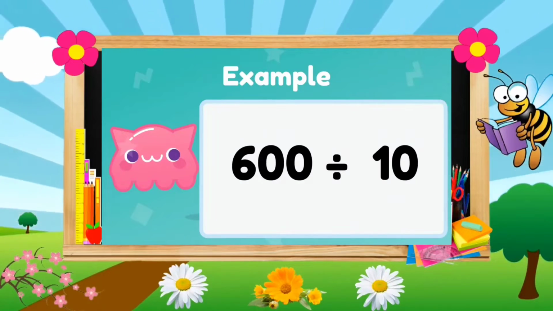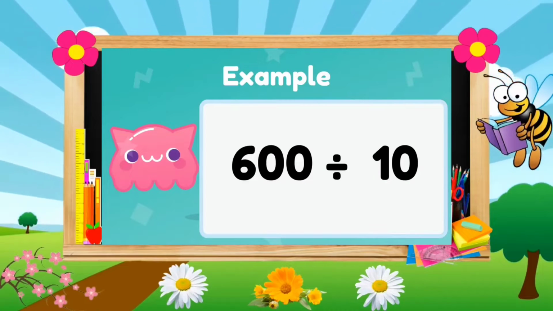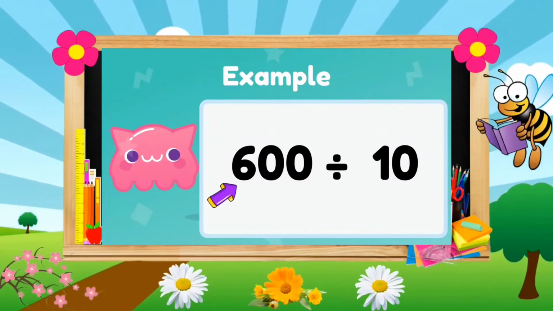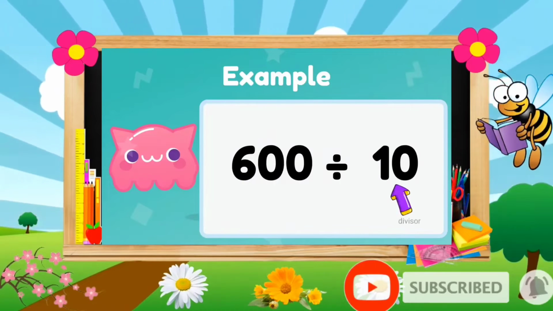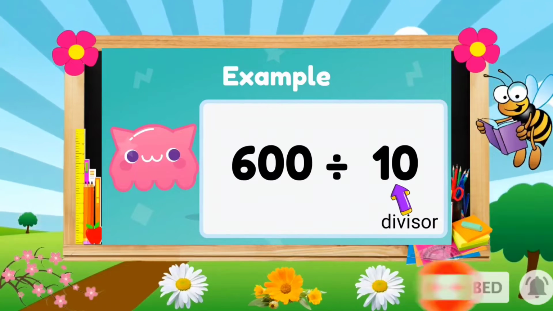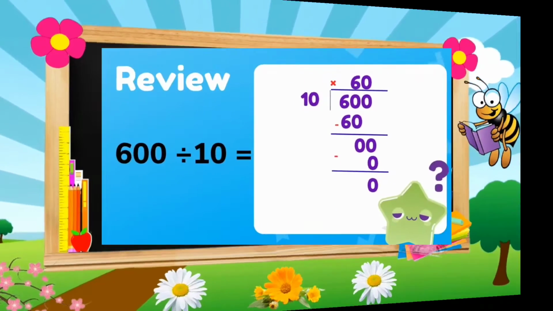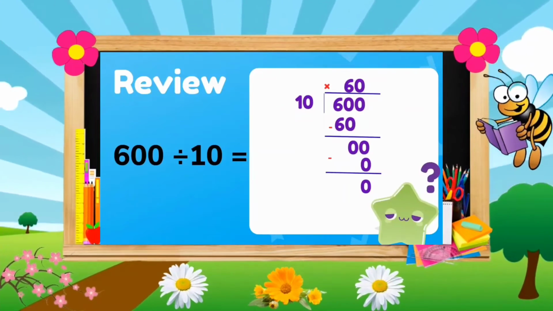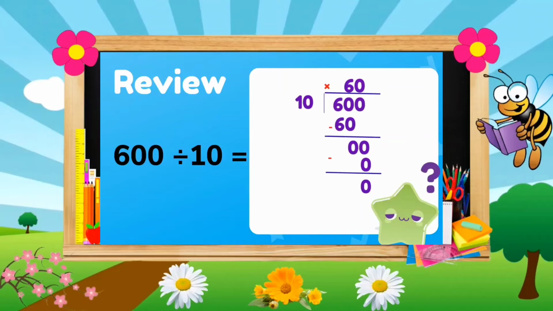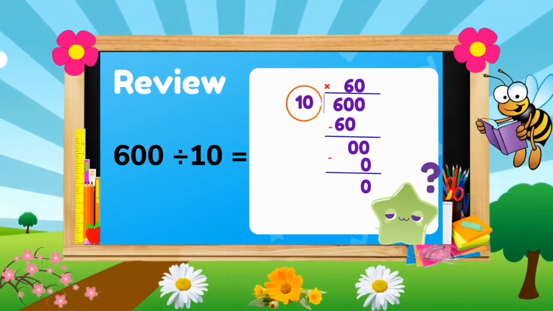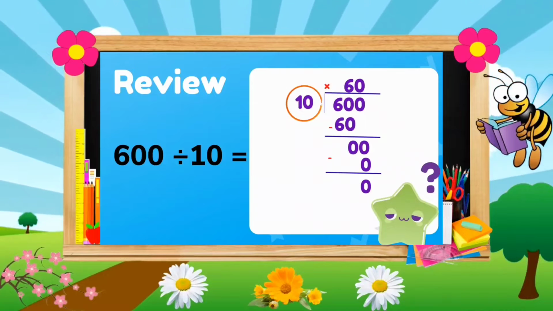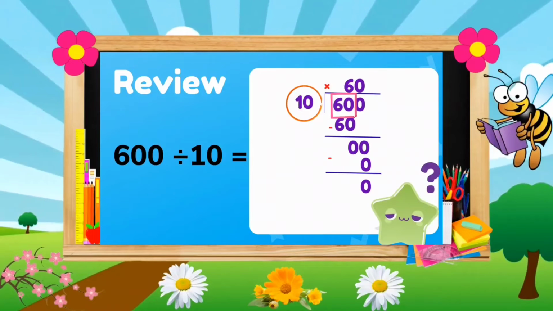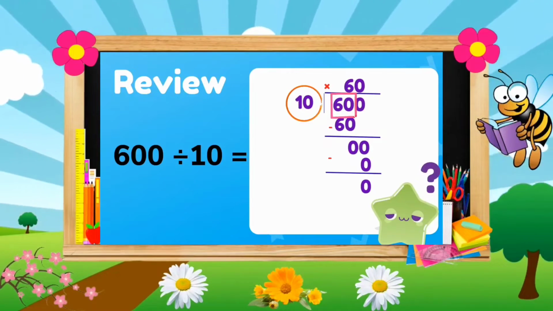So let's try to answer 600 divided by 10. 600 will be our dividend and 10 is our divisor. And we have to find the quotient. As you can see, the divisor 10 is a 2-digit number. So let us compare the divisor to the first two numbers to the left of the dividend.